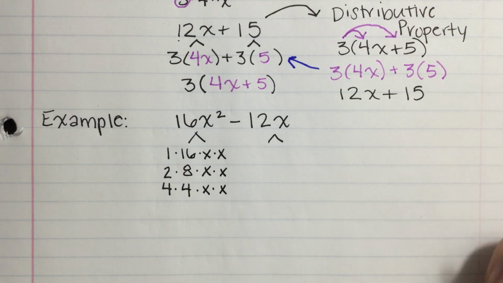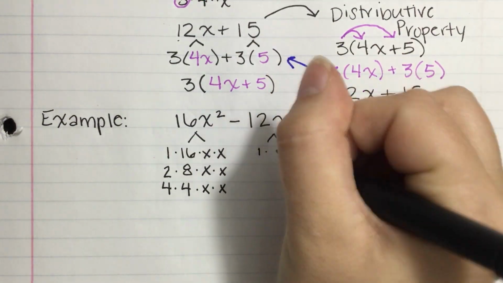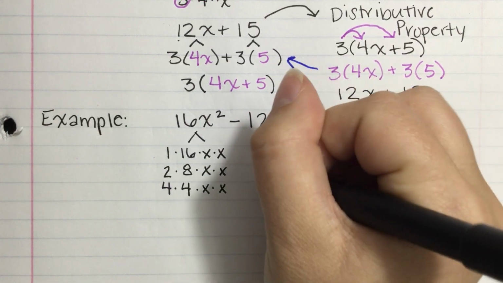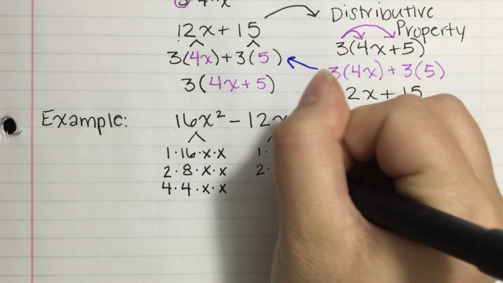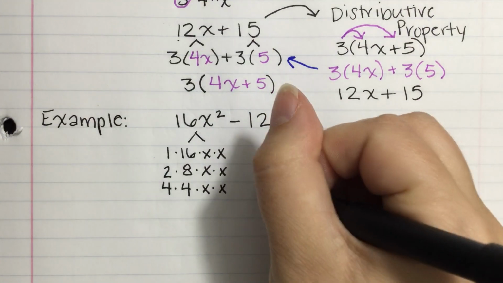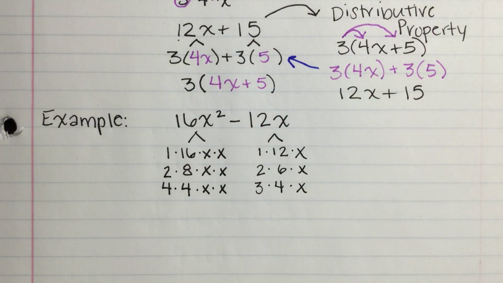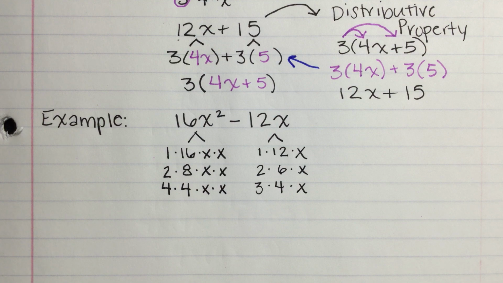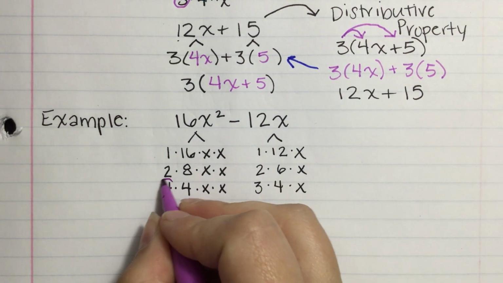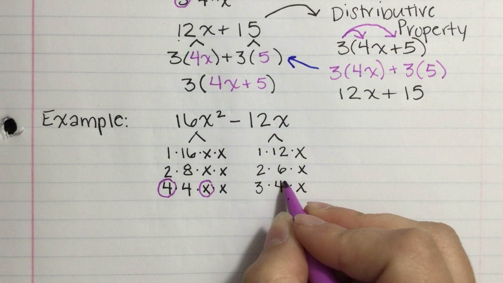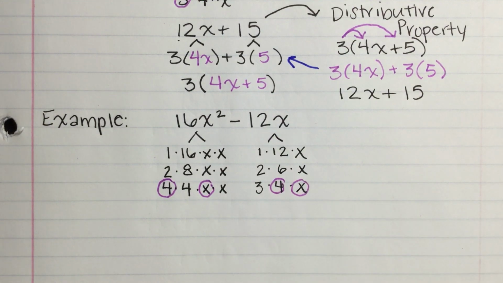I have 1 times 12 times x, 2 times 6 times x, and 3 times 4 times x. Now, if I look at these two lists, I have more than just a number in common. I now also have a letter. So my greatest common factor would actually be 4x because they both have that in common.